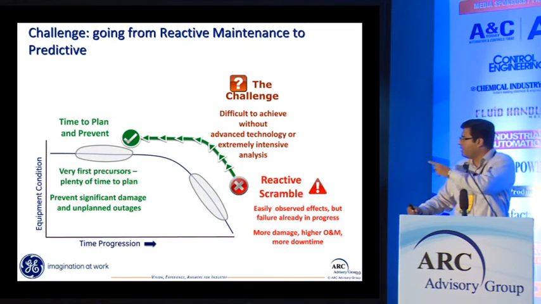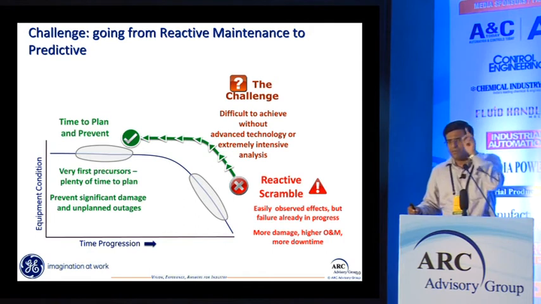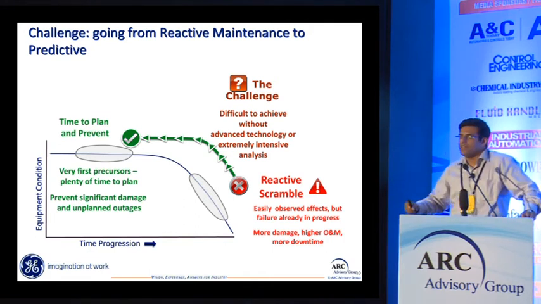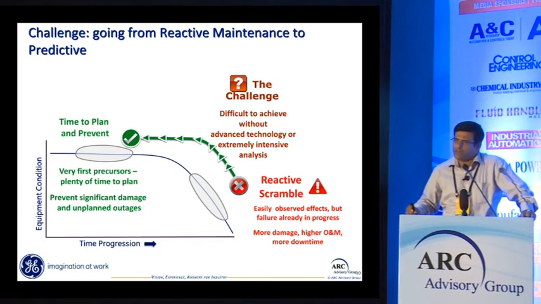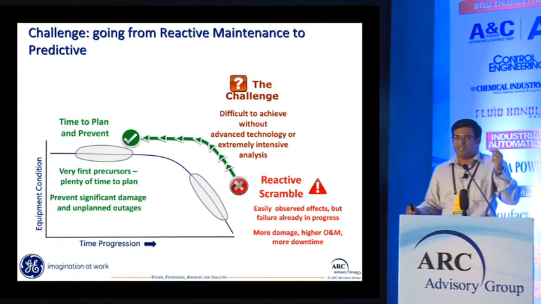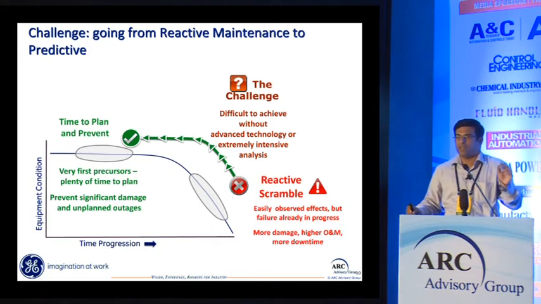So, time to plan and prevent is the best time to prevent the failure. If the failure occurs, you would try your best, but the train has left. So, this is the place where you require extremely intensive analysis, which is beyond logical reasoning or thermodynamic principles, where you have to take help of data.